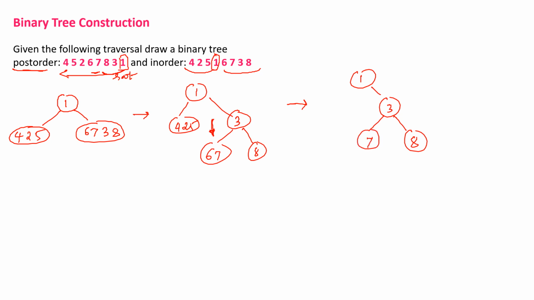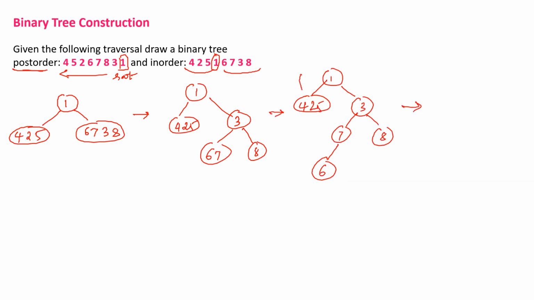We have to check the in order to identify whether 6 goes to the left of 7 or right of 7. In the in order traversal, to 7's left we have 6. So the left child is 6, and the left subtree contains the nodes 4 and 5.